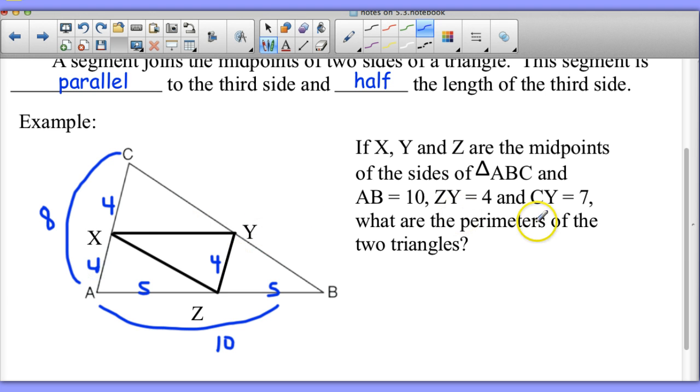And then finally we're told that CY is 7, so if CY is 7 and Y is the midpoint of CB, we'd have 7 and 7. And this length XZ would also be 7, because XZ would be half of CB.